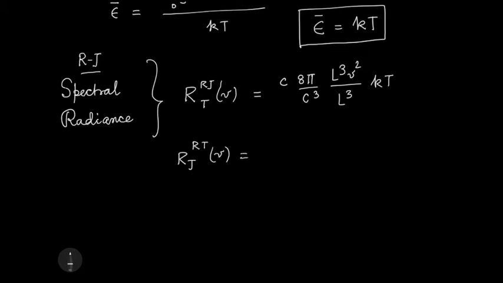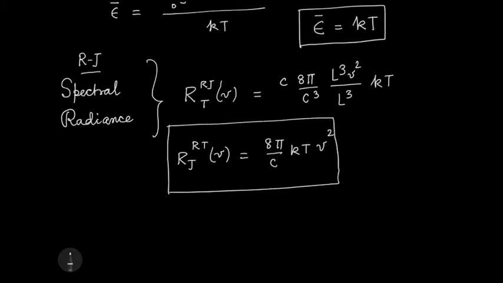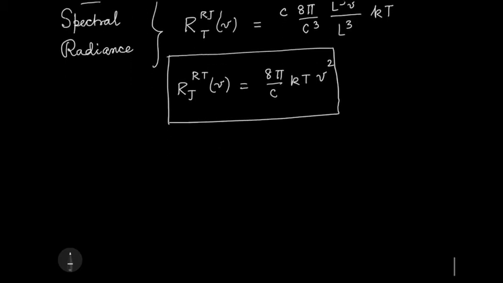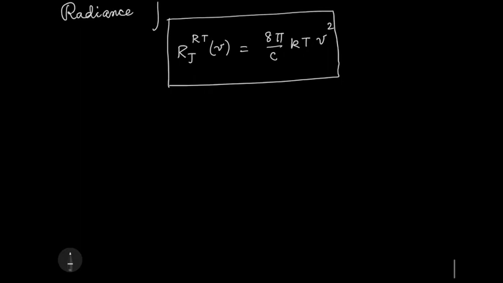So if you actually calculate it out, Rayleigh's spectral radiance at temperature T is 8 pi by c squared kT times nu squared. So it is proportional to nu squared. It's like a parabolic dependence.